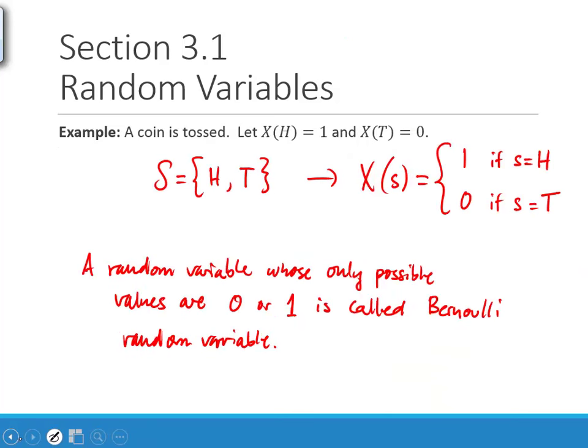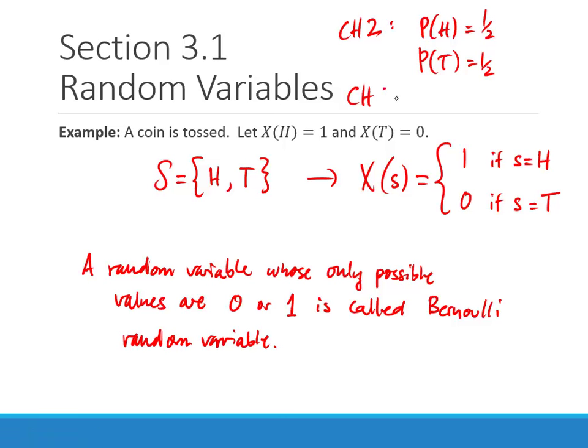So let's maybe jump back to this example real quick. In chapter 2, we would have said that the probability of getting a head is maybe 1/2 if we have a fair coin. Probability of getting a tail is 1/2. Where in chapter 3, we would say the probability that X equals 1 is 1/2, or something like that.